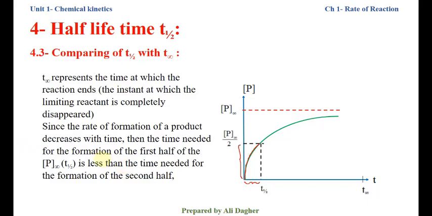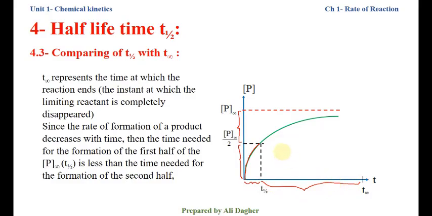This time needed for the formation of the first half is less than the time needed for the formation of the second half. For the second half of product, it takes this time to be formed from T1/2 to T infinity. Then, for the same amount of product, it takes a longer time.